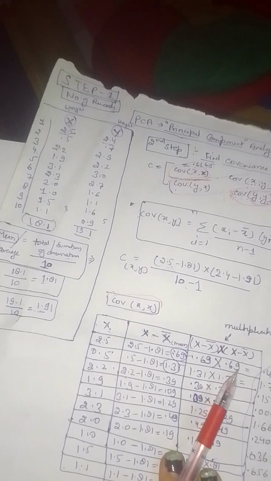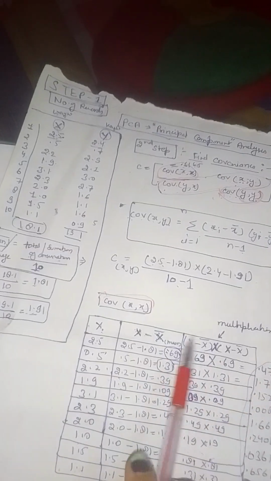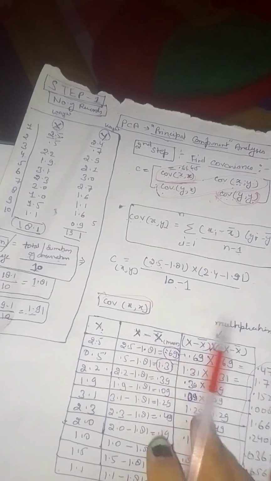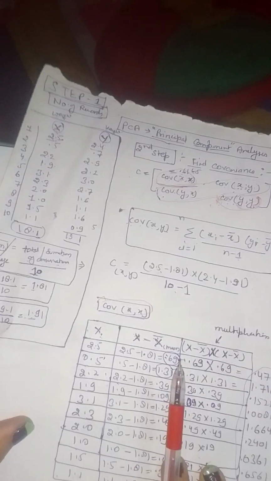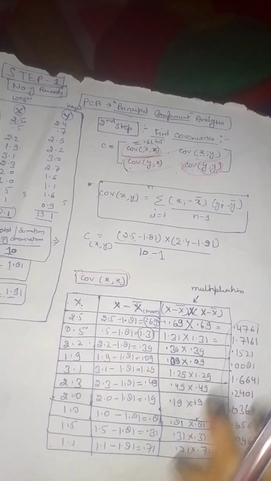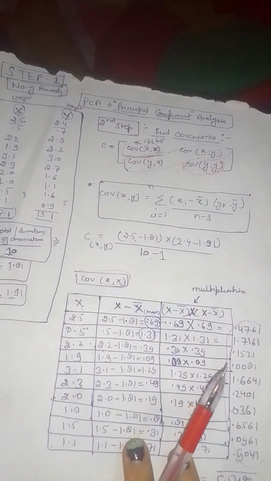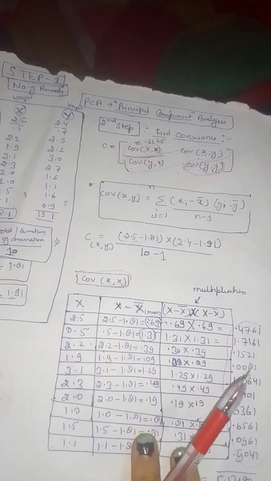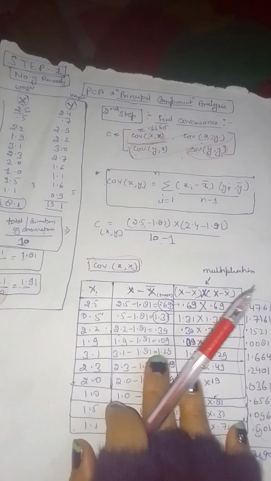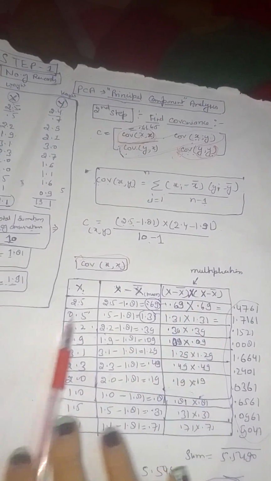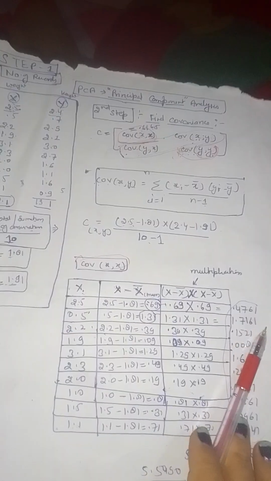So how will we calculate the covariance of yy? Look, the method would be the same, because in that part I calculated x minus x bar. Please check that video, because I will not redo the whole calculation in this video.